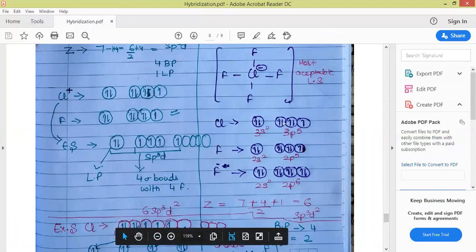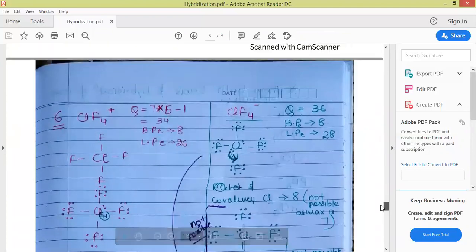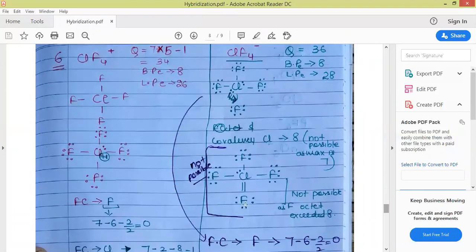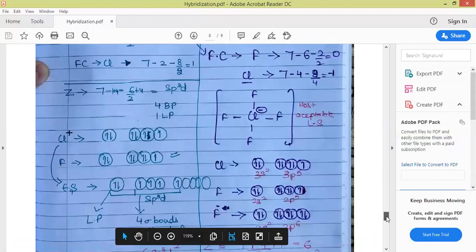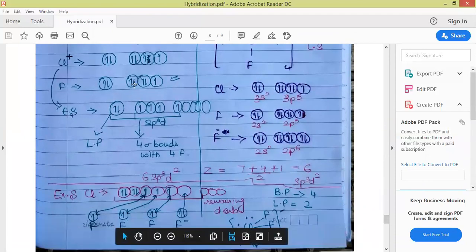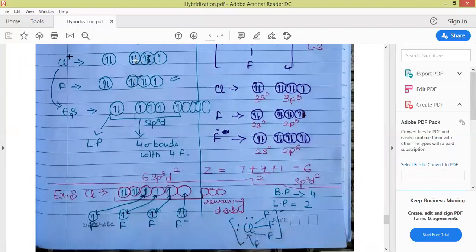So what we'll do is, as we can see, 1 lone pair is there based upon the Lewis dot structure. So we'll promote only 1 electron, that is this electron, to form sigma bonds with all the fluorines.